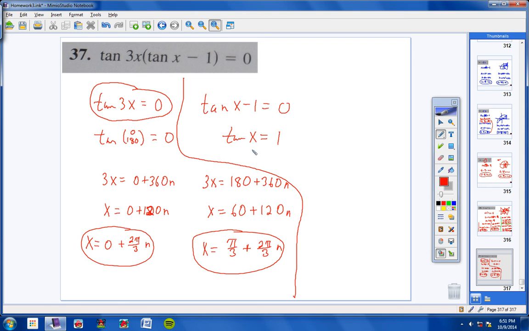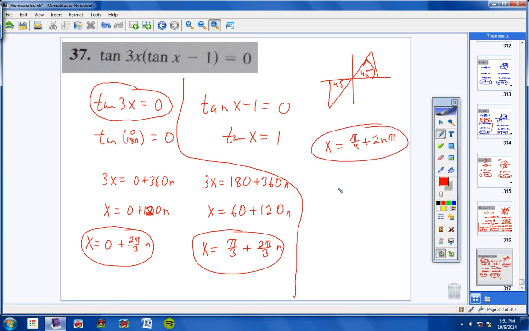So what angle gives you 1 when you take the tangent of it? Well, 45 degrees. So we're dealing with tangent's positive here, tangent's positive here. So 45 degrees here, 45 degrees here. So we go from here to here. One answer would be 45, which is pi over 4, plus 2n pi.